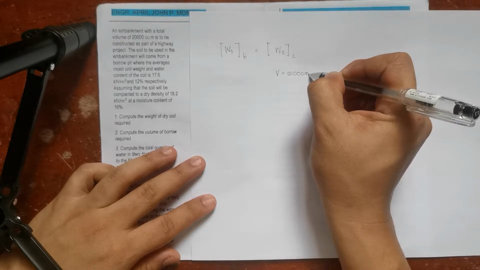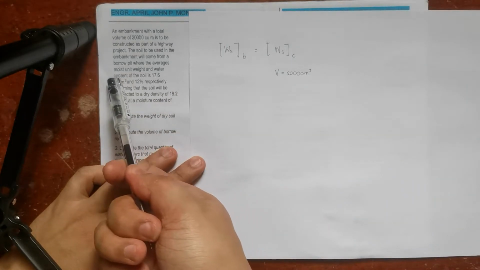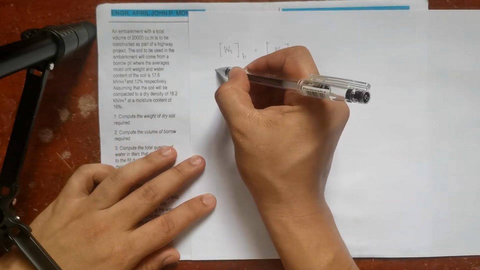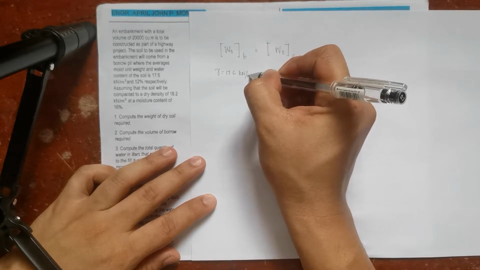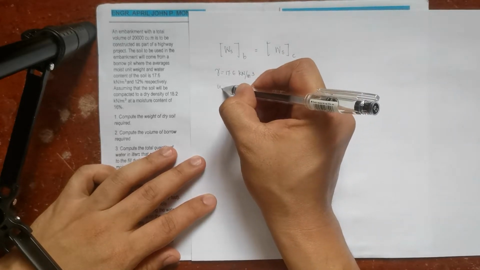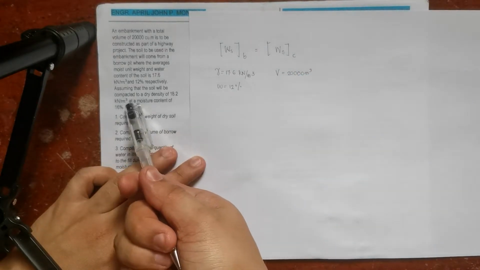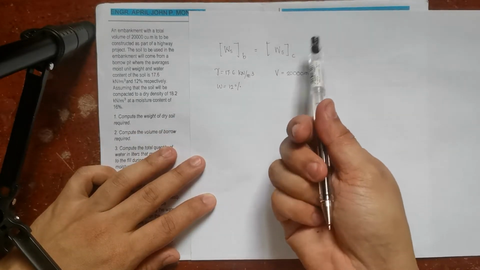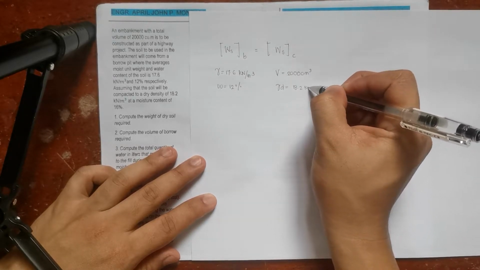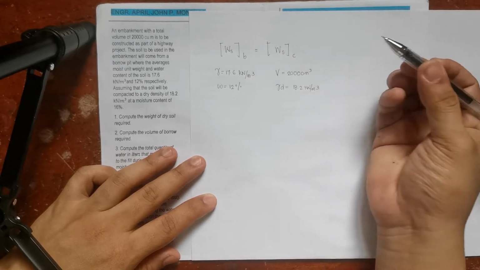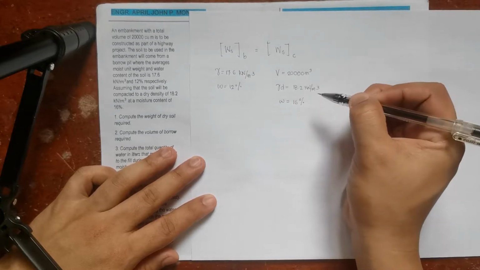And then, the soil that will be used will come from a borrow pit, which has a moist unit weight of 17.6 kilonewton per cubic meter, a moisture content of 12%. Assuming that the soil will be compacted to a dry density of 18.2 kilonewtons per cubic meter to a moisture content of 16%.